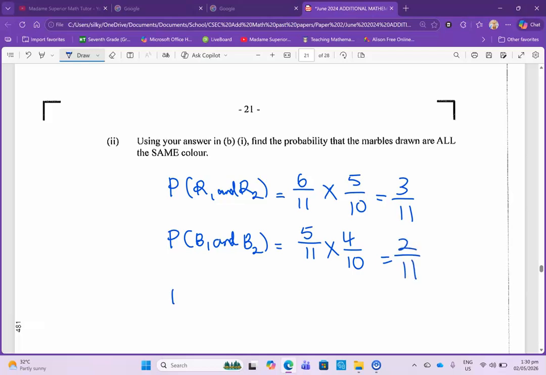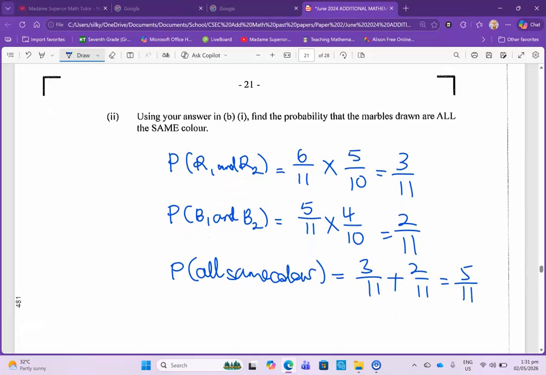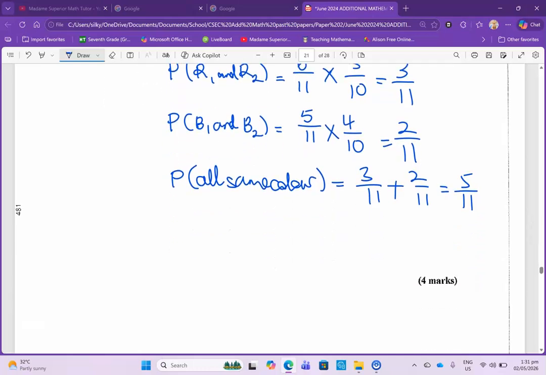So when we add the two probabilities together, the probability that the marbles drawn are all the same color, so 2 red or 2 black, is 3 elevenths plus 2 elevenths, which is 5 elevenths. Okay, so that is 4 marks.